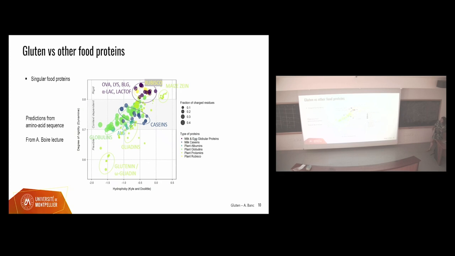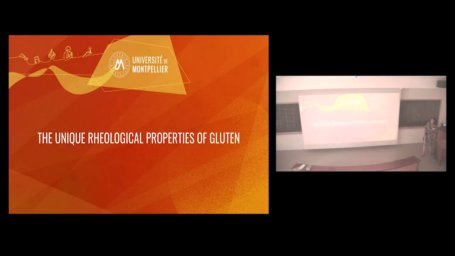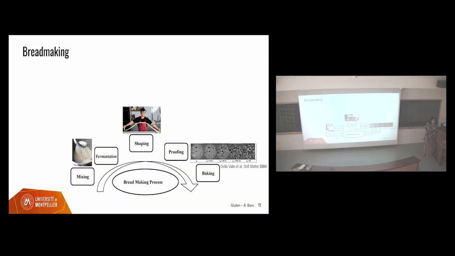And I will show you now that this specific sequence of proteins induces a specific rheological response. So in this second part, I will focus on rheological measurements that were performed on gluten, and I will show later how it was modeled. People were interested in gluten because it has a large importance in the bread making process.